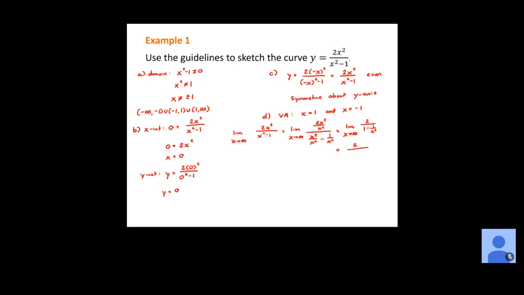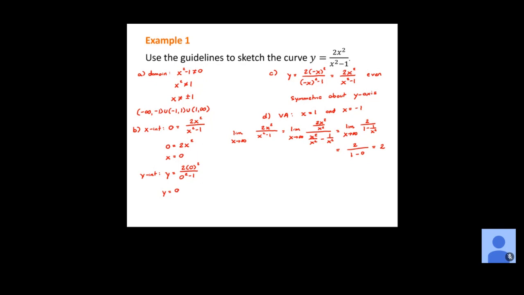Good. The limit of 1, also constant, is 1, minus the limit as x approaches infinity of 1 over x squared, which is 0. So overall now this is going to be what? Positive 2. Good. 2 over 1, which is 2.